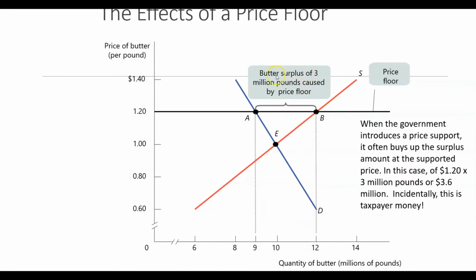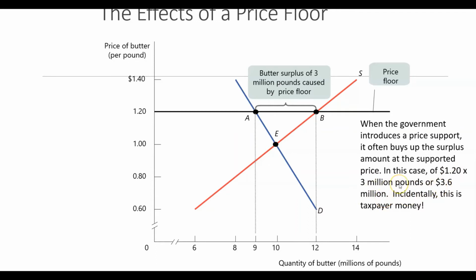So what to do with this excess? In this case, we have 3 million pounds of butter that are surplus, or too much, being sold at $1.20. So that is valued at $1.20 times 3 million pounds, $3.6 million worth of butter.